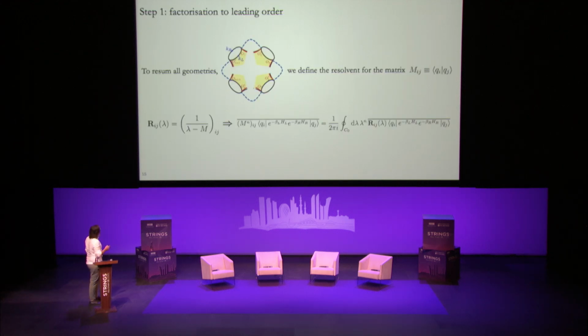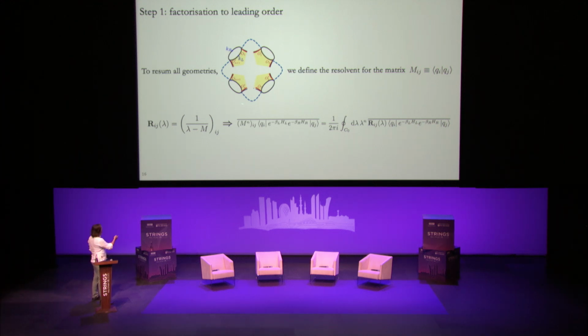To compute the trace, we need to resum all the possible geometries that are filled in by these boundary conditions. It's well known from calculations of the Page curve that in order to do that, it's convenient to define the resolvent for the matrix of overlaps M. The resolvent is just 1 over lambda minus M. The nice thing about defining the resolvent is that using it, I can actually compute the trace itself.